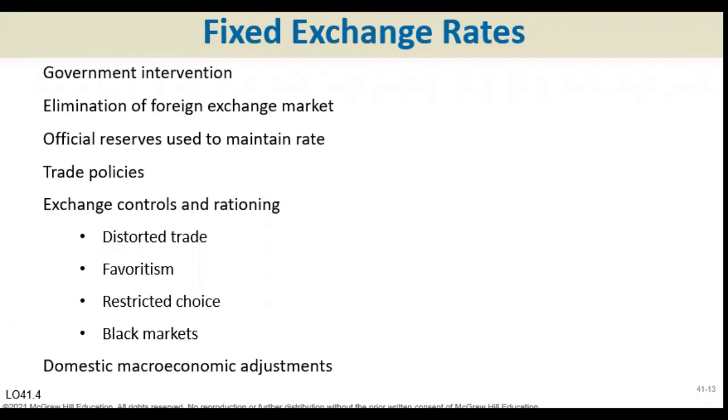And then the government must intervene to reestablish the equilibrium at the fixed rate. Government can use official reserves or engage in currency interventions of buying and selling the currency in order to maintain the fixed rate.